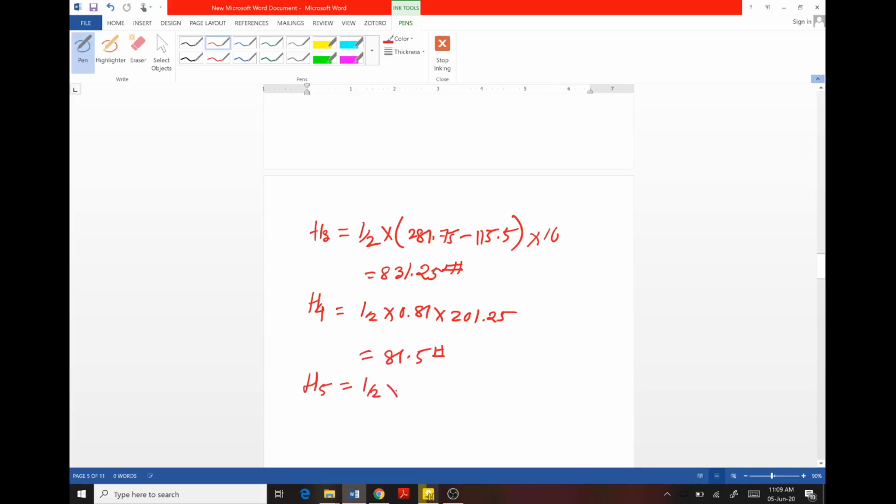H5 is equal to half into D into 248.46 D, which is equal to 124.23 D square.